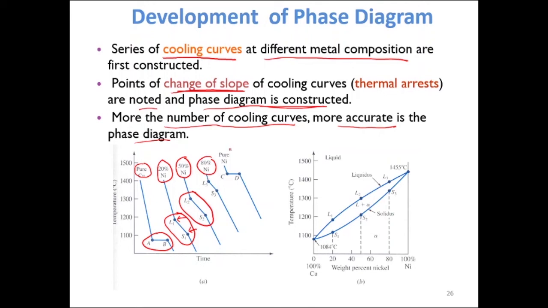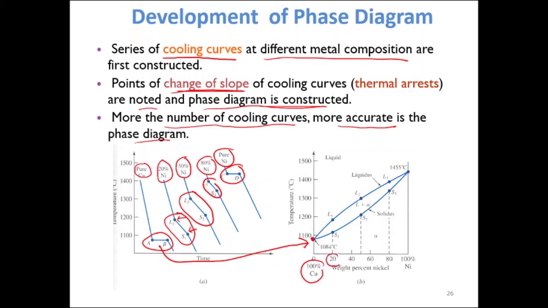And lastly, we use pure nickel. For pure nickel, as a pure metal, we get a constant solidification temperature. Then we plot these temperatures over here. At 100% copper, we have this temperature.